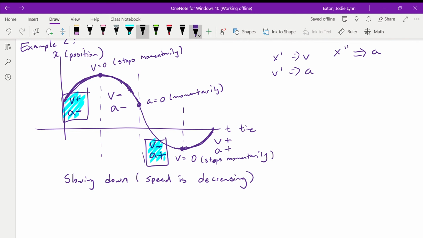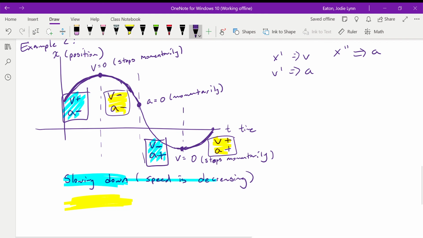When we're getting ready to turn around, when we have this situation here, velocity minus, or velocity plus, sorry, let me get that blue color in here. These are slowing down situations. And these right here, our yellow ones, are speeding up.